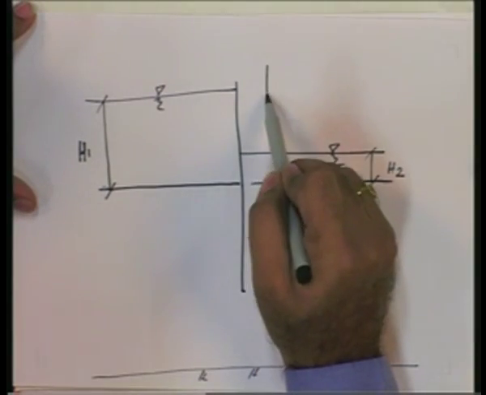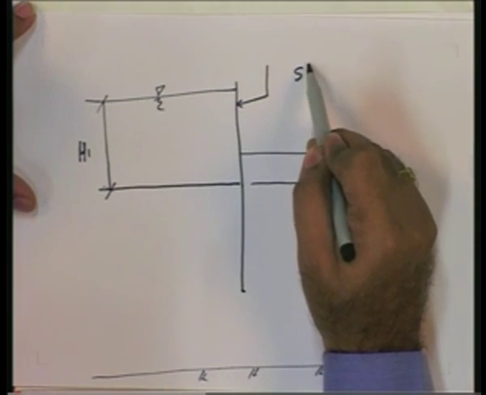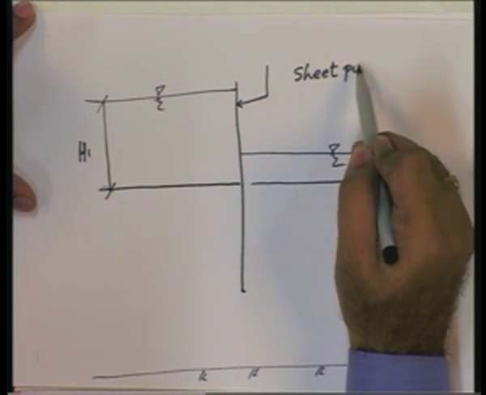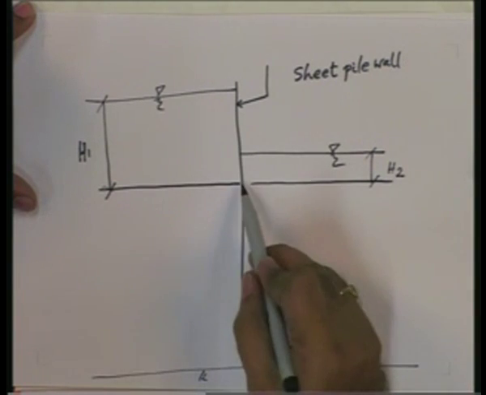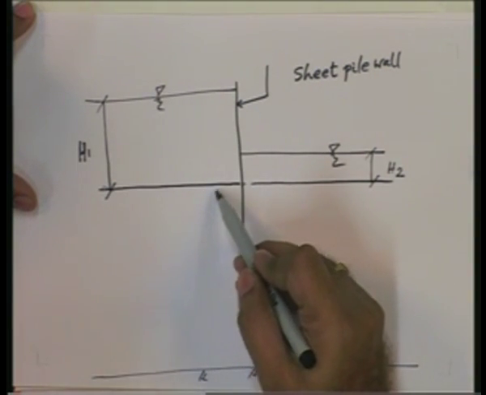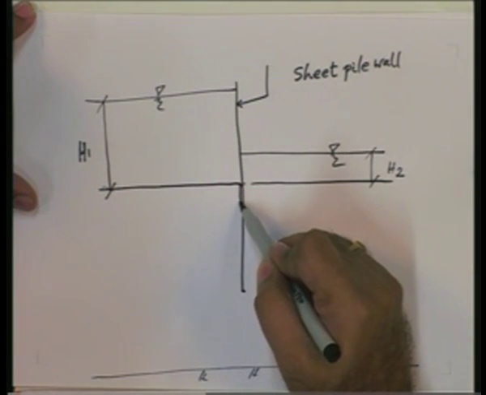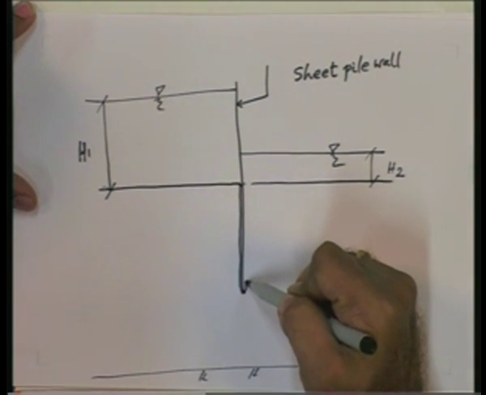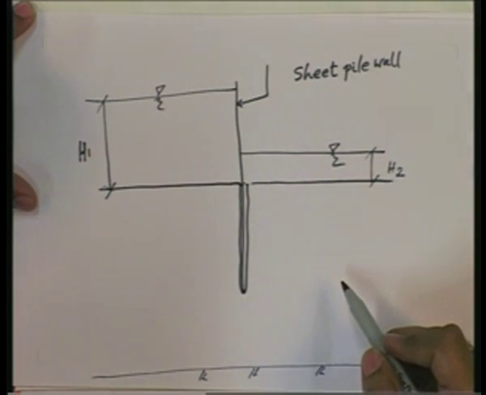Then this particular line represents a two-dimensional view of the sheet pile wall. In this case, the first flow line creeps along the sheet pile wall.